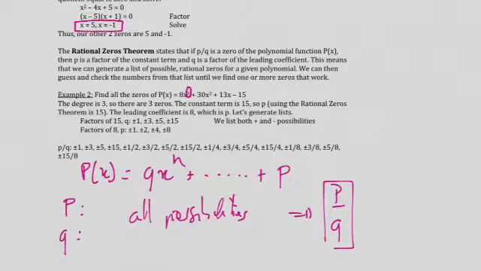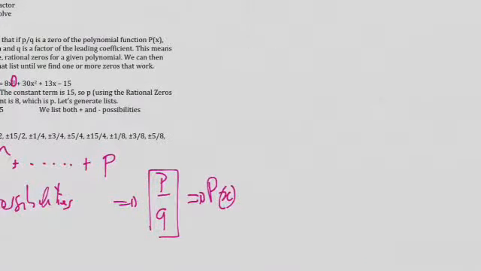Once we are done defining all the values of P divided by Q, we just need to take each of these values and substitute the value of P divided by Q inside the polynomial P of x. Instead of x, now we are going to have P of (P divided by Q). And some of them are going to bring my polynomial equal to 0.